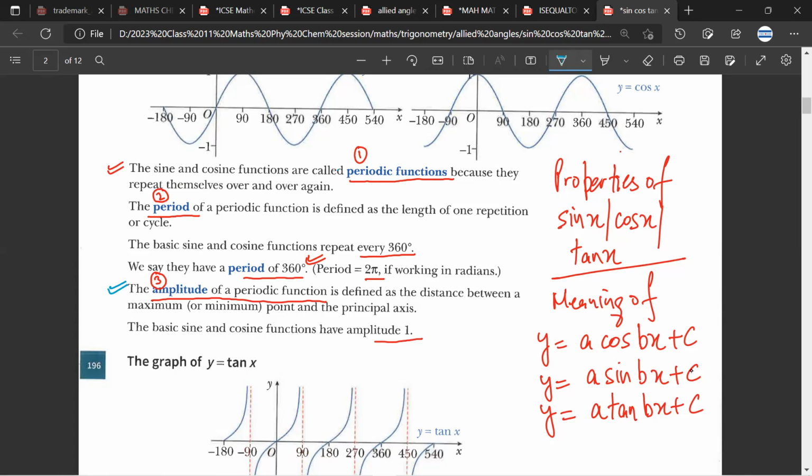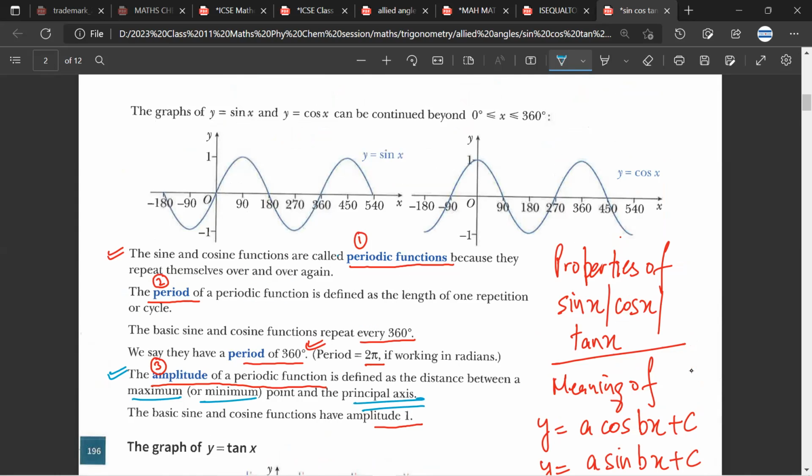The amplitude of a periodic function is defined as the distance between the maximum or minimum and the principal axis. So you can call this the amplitude or you can call this the amplitude. What they are saying is that this is the maximum value and this is the principal axis. So the distance is called the amplitude. Are we clear till here?